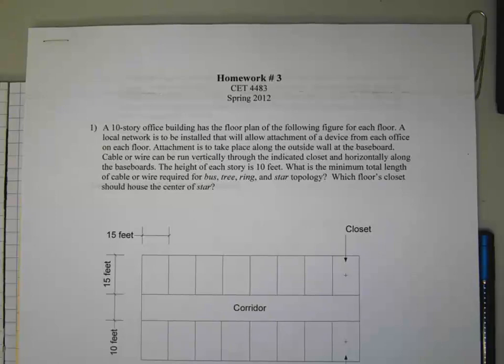Basically, we want you to let us know the minimum total length of cable or wire required for bus topology, tree topology, ring topology, and star topology. These are the topologies that we studied, so this is to practice that.